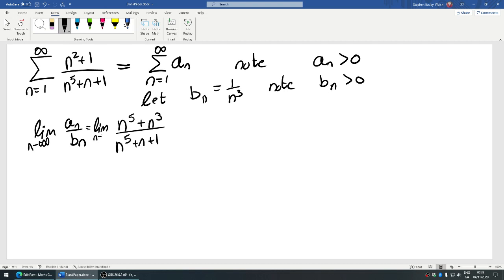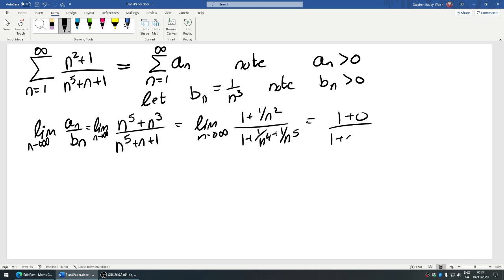Limit as n goes to infinity. If I divide everything by n^5, that's 1 plus 1 over n squared, over 1 plus 1 over n to the power 4, plus 1 over n to the power 5, which is 1 plus 0 over 1 plus 0 plus 0, which is 1, which is more than 0.